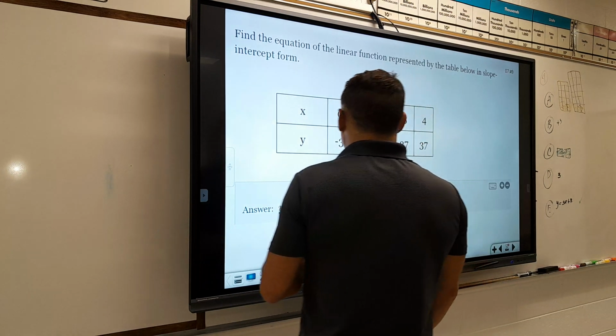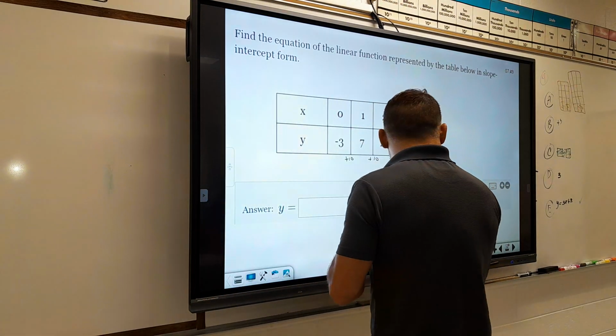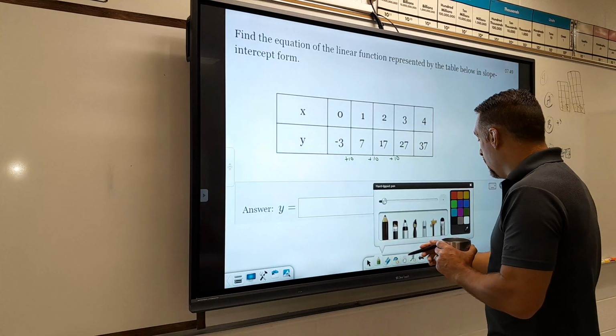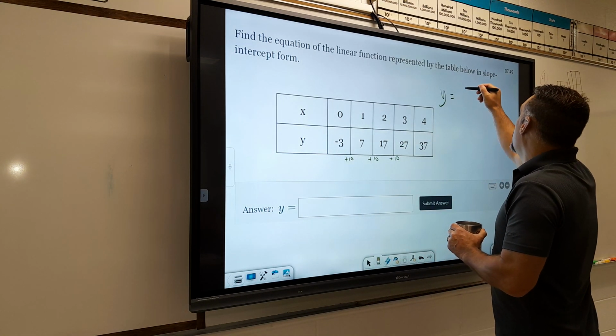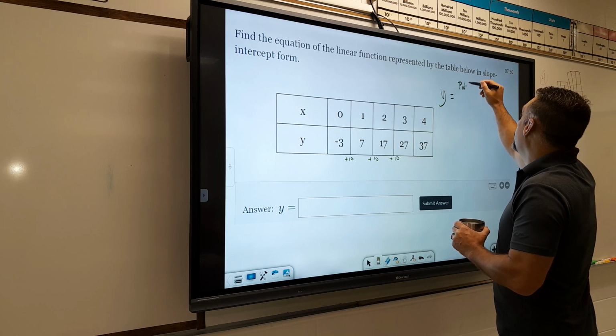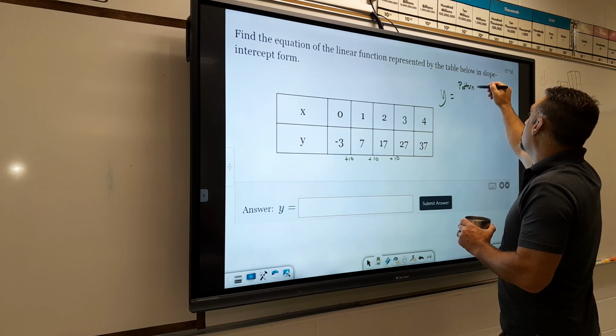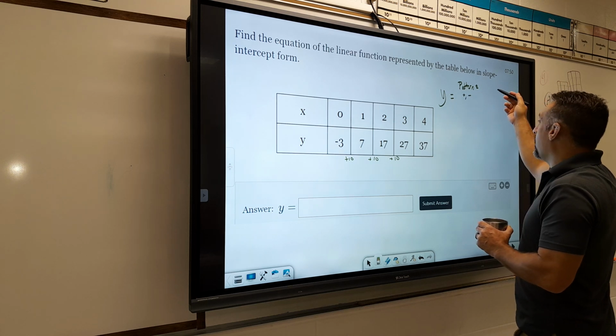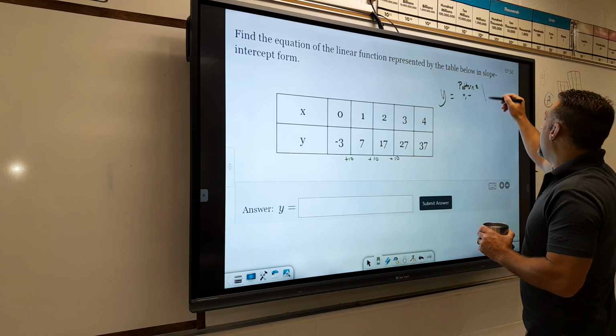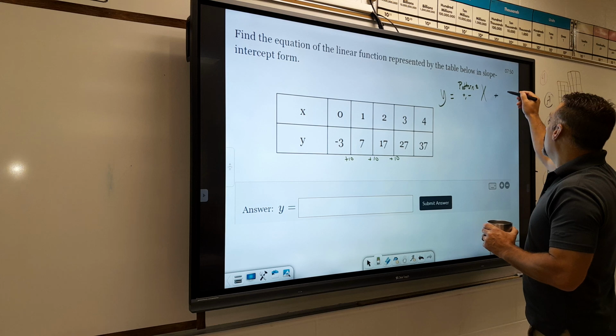And so we know that our equations are always going to be in the form of that pattern number, which is going to be plus or minus that number, whatever the change is, x, and then the y-intercept.